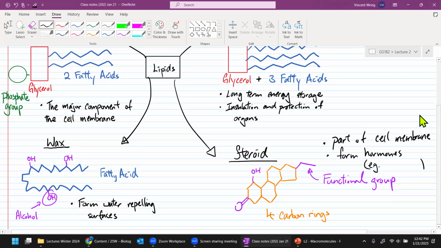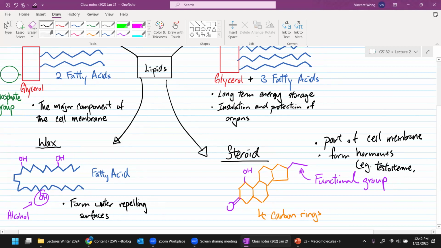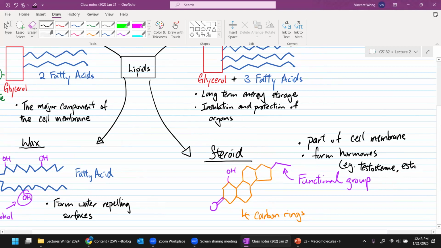It allows different parts to communicate with each other. Example of steroid hormones would be sex hormone. Does anybody know examples of sex hormone, either in male or female? Just yell them out. Testosterone, that's the male one. What about female? Yeah, there you go. It's progesterone. Progesterone is another one. That's right. Very good.